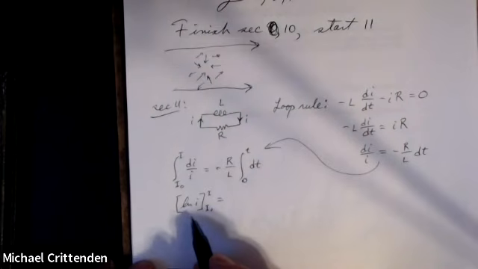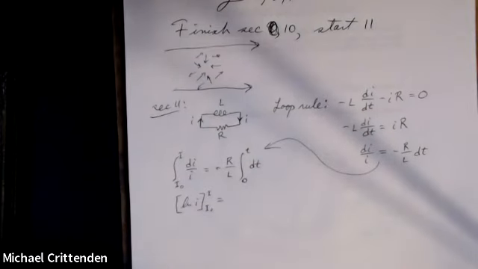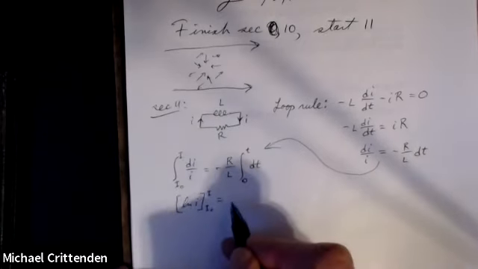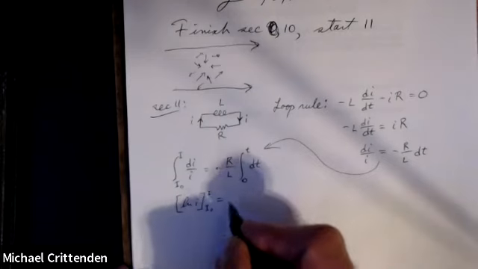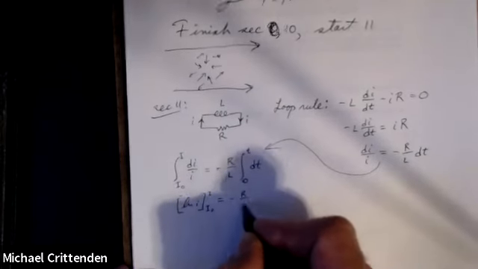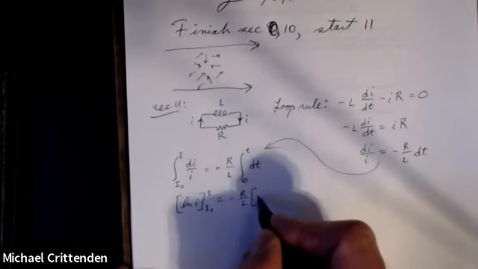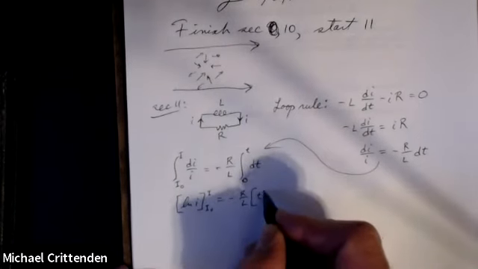So if you're in some other course someday, don't get thrown by that. There are some authors who just assume, well, if you're talking about a logarithm, of course you're talking about a natural log. What other kind of log would you be talking about? But anyhow, minus R over L, and the integral of dt, of course, is t.